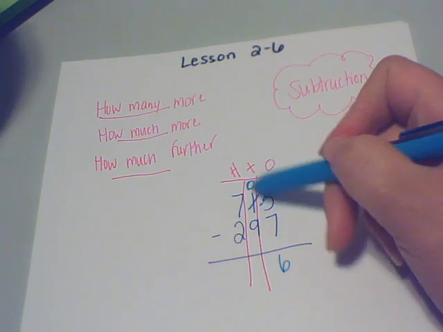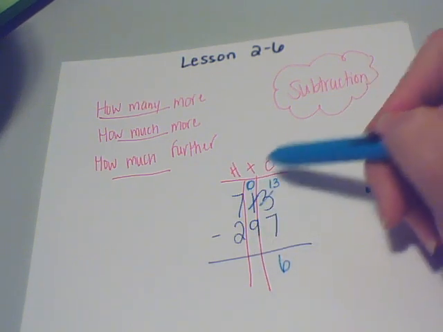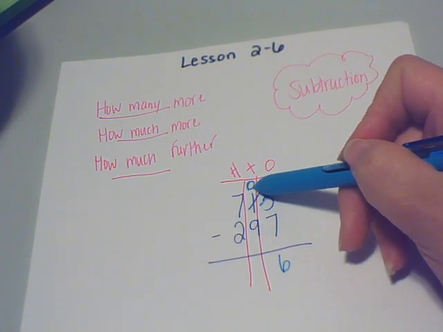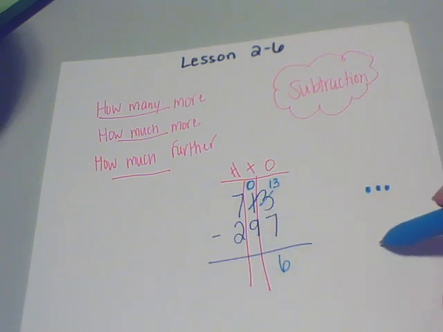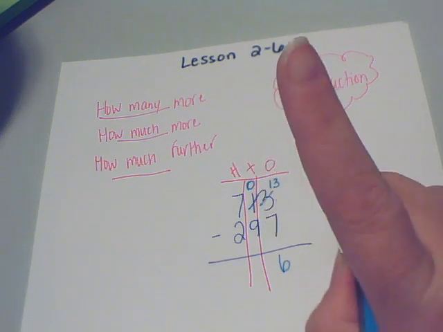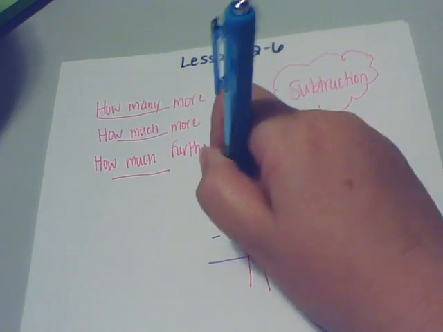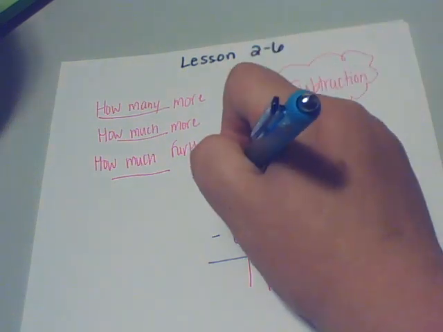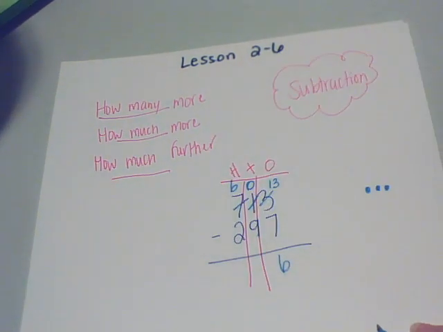Okay? If I look at my tens place value, I have 0 tens minus 9 tens. Well, if I have 0 tens here, I can't take 9 tens away from it. I can't do that. So I have to jump over to my hundreds place value. I need to take 100 from my hundreds place value. I had 7 hundreds. Now I'm going to have 6.